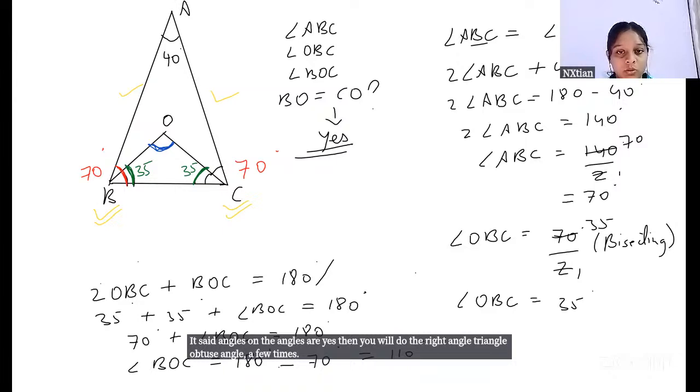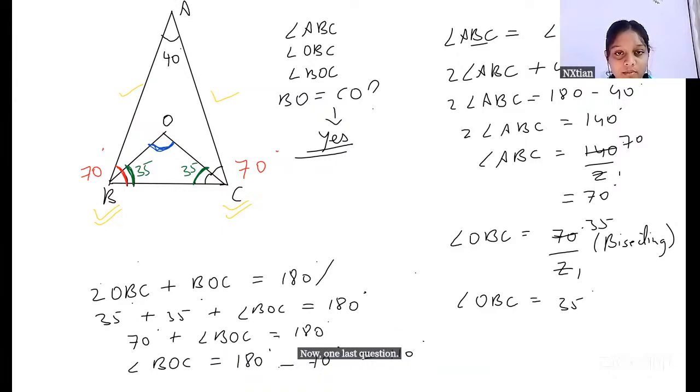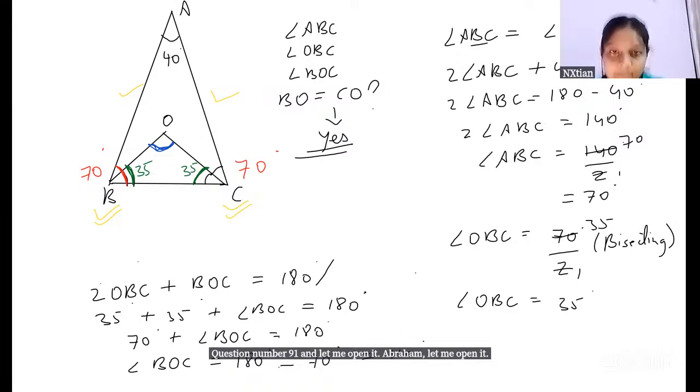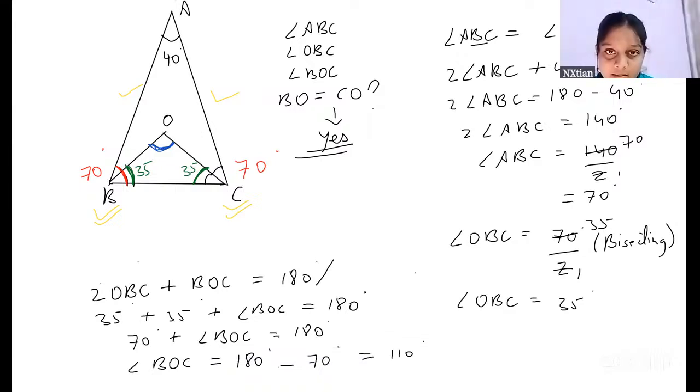Now the one last question. In the next paper, the paper that you gave, the question number 9, one minute, let me open it. We gave the shape saying RQSP, but on top you wrote ABCD.